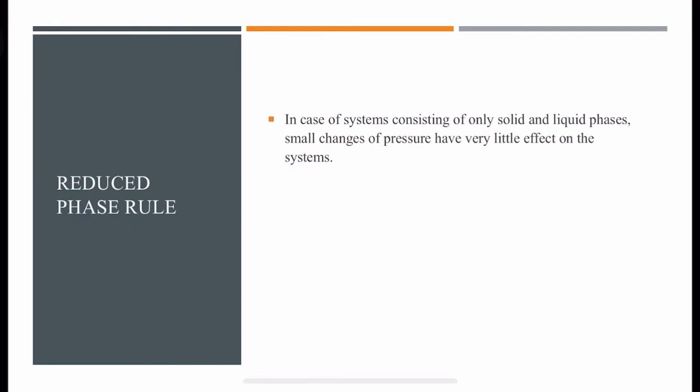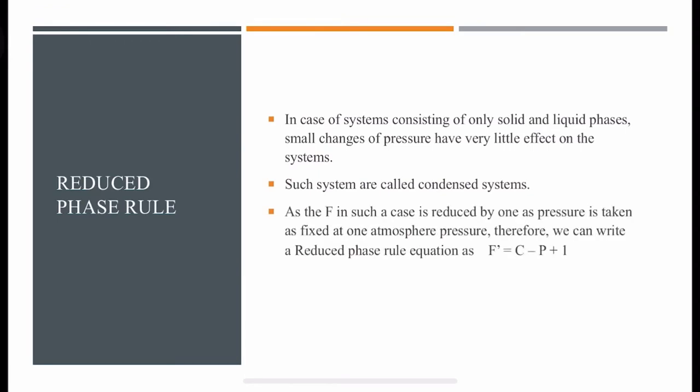So therefore experiments are conducted under atmospheric pressure. Such systems are called condensed systems. As the F in such a case is reduced by one, pressure is taken as fixed at 1 atmosphere. Therefore, we can write the reduced phase rule equation as F' is equal to C minus P plus 1. So 2 ની જગ્યાએ 1, so that means reduced, right?